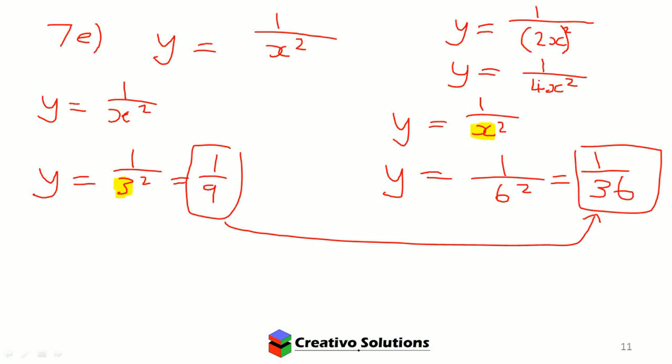You're including a quarter in this equation because it's 1 over 4 times x squared. As we could see here, if I've got 1 over 9, to get to 1 over 36, I'd have to multiply the 9 by 4 because I'm missing that amount in the denominator, since I've now doubled the actual value for x. Doubled means times by 2. And that would be the answer for question number E. You're describing it. So that's what they said: describe exactly what happens to y when x is doubled.